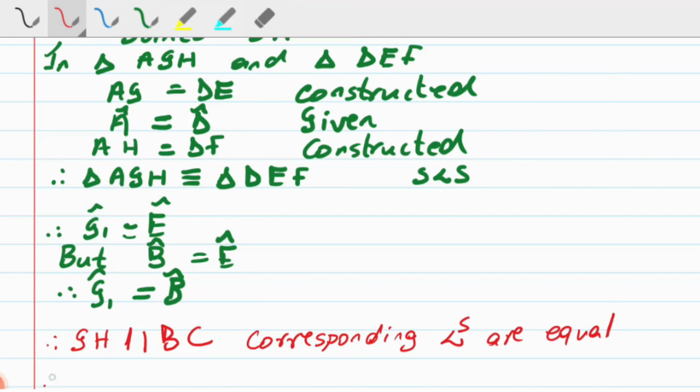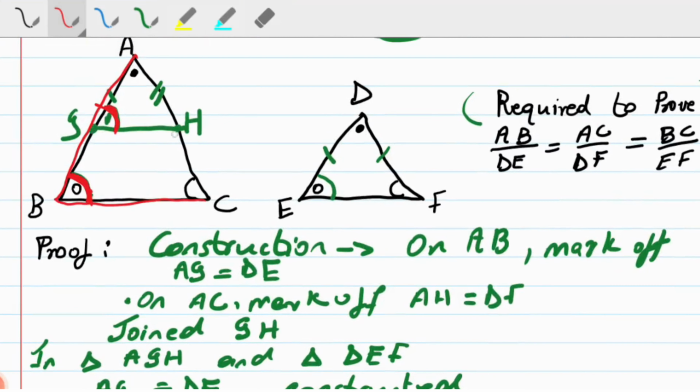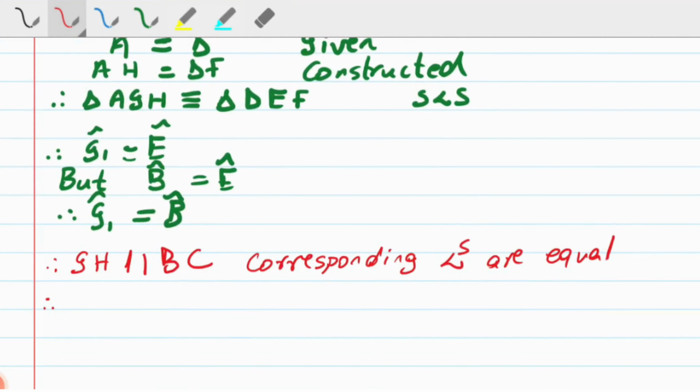Therefore, what do we know if those lines are parallel? We know that AB over AG is equal to AC over AH. That is from the proportionality theorem.